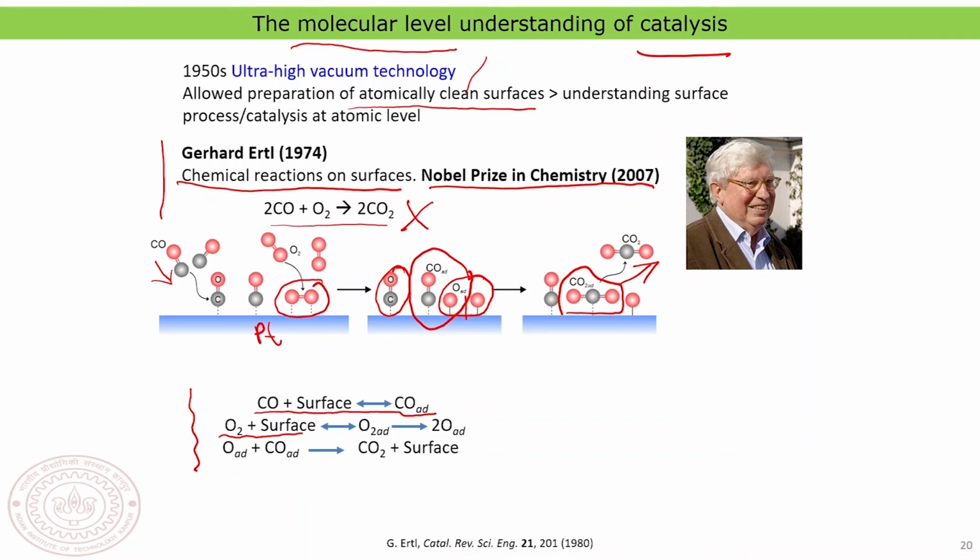Similarly, the oxygen adsorbs on the surface and forms an adsorbed O2, and then it splits into two reactive adsorbed oxygens. Finally, the reactive adsorbed oxygen and the adsorbed CO form the carbon dioxide molecule and leave the surface intact.